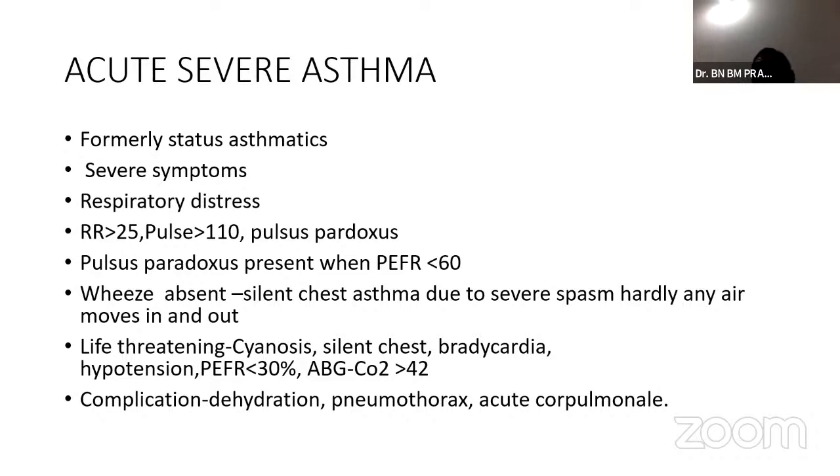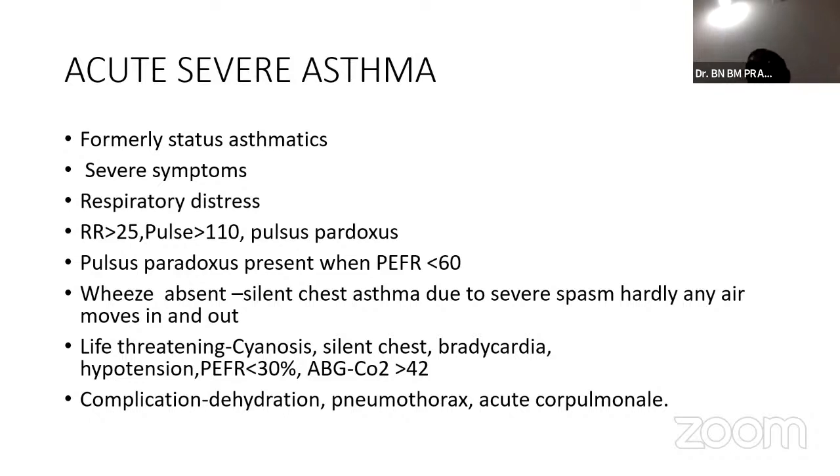The complications of this hyperventilation are dehydration, and also increased airway pressure during expiration. There is dynamic hyperinflation, when there's an increase in the auto-PEEP during expiration, then there is a chance of rupture of the airways, the lung, the small blebs and bulla, and they can develop interstitial emphysema, or they can develop pneumomediastinum, or they can develop pneumothorax, and that can be life-threatening in these cases.